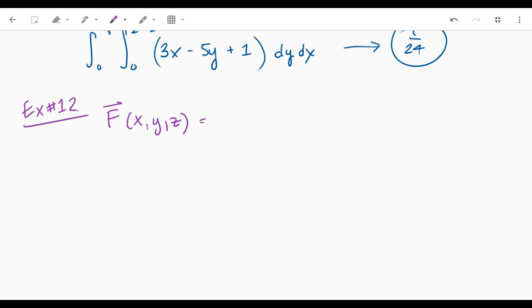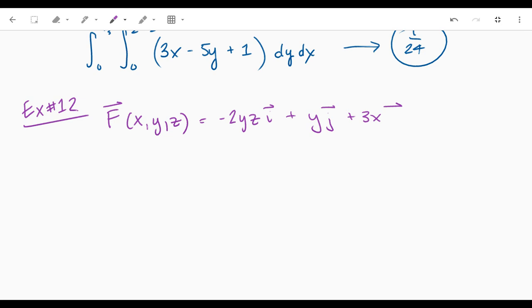Okay, so our vector field is negative 2yz i, plus yj, plus 3xk.